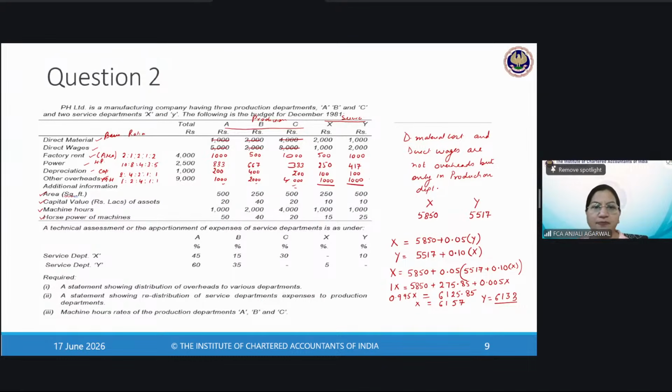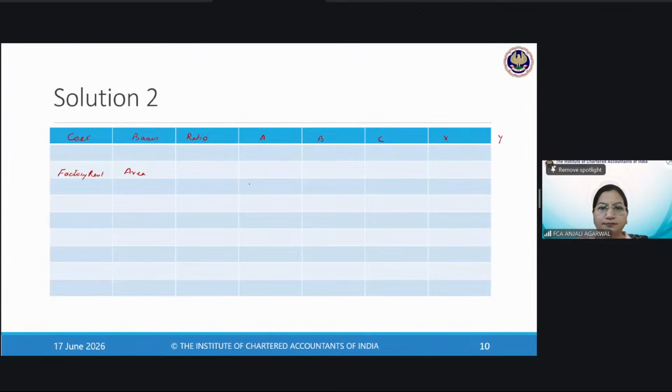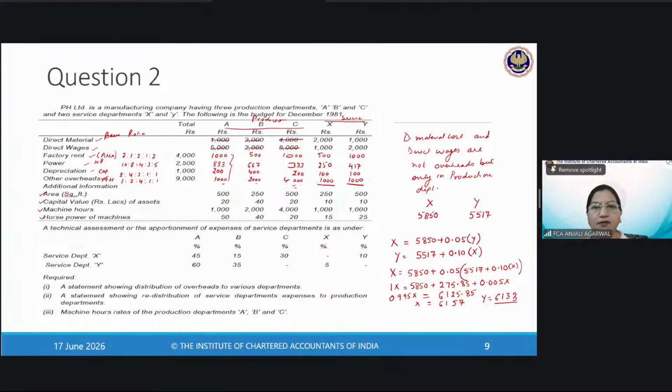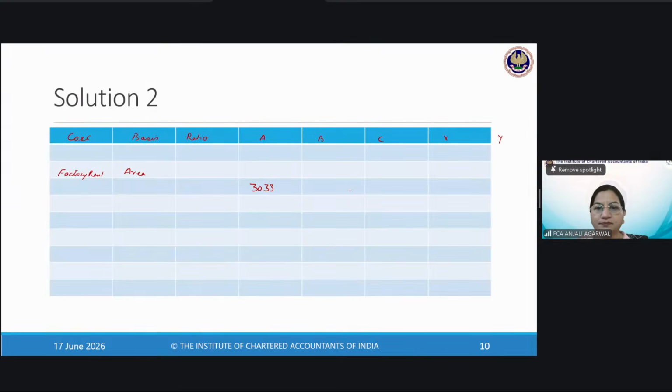So let us do it here. The total of A so far is how much? 3033 so far. The total of B is 2400 plus 500, 2900, 3567.